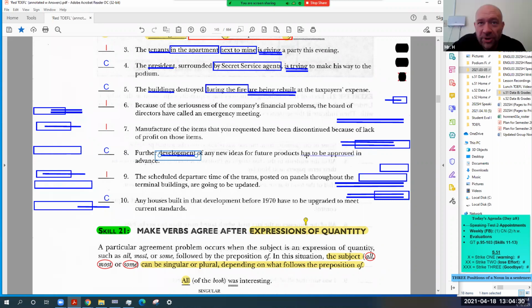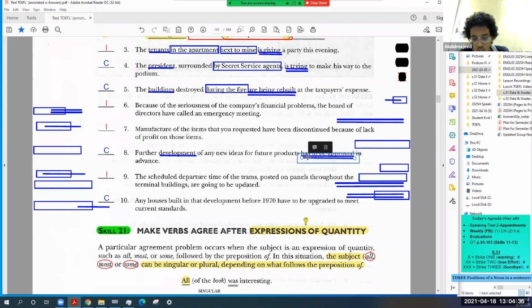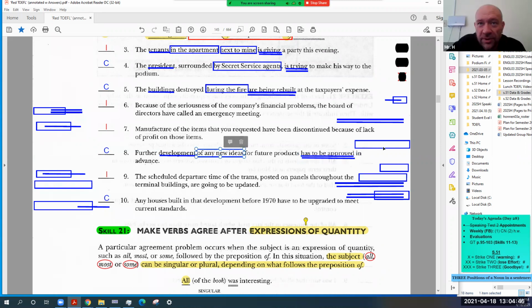Yeah, has to be approved. Okay. Do they match? Yes, they do. And then any prepositional phrases? Of any new ideas for future products. 1 or 2? I think 2. We have 2, right? 2 prepositional phrases.